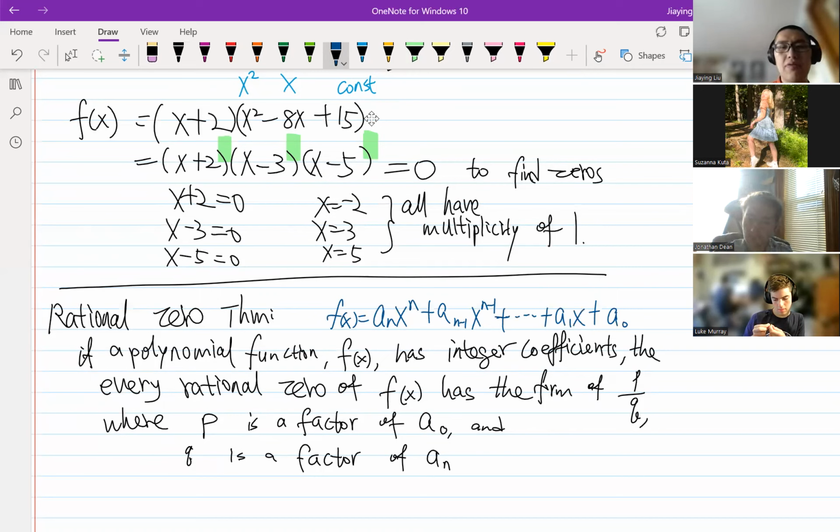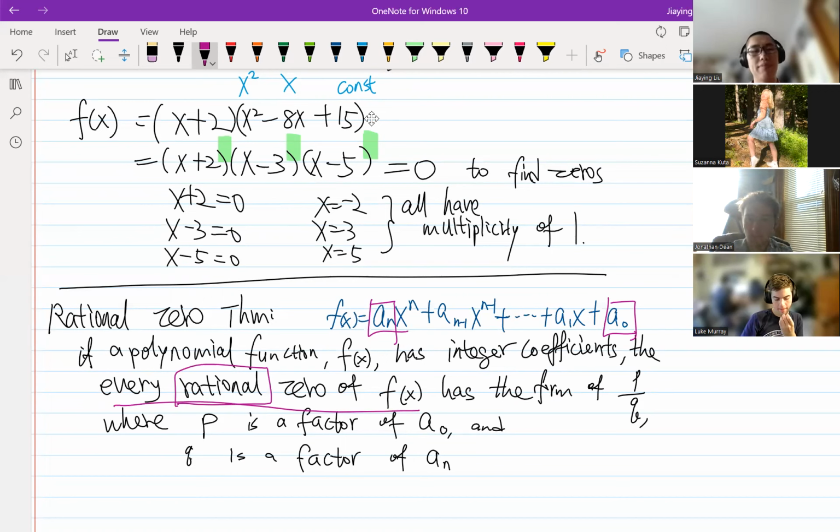So that's the standard form of a polynomial function. This is an, this is a0. What this theorem says is that if the function has any rational zeros, meaning the zero is a rational number, it could be put in the form of a fraction, like one number divided by another number.